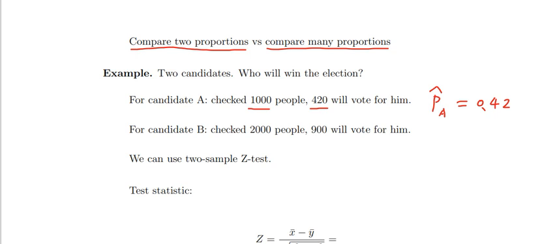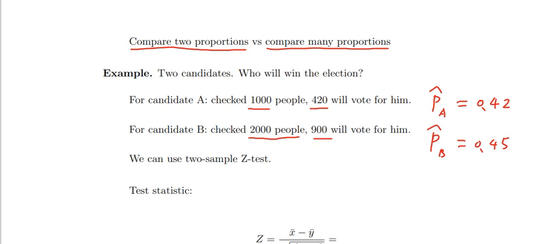And the same for B, we checked 2,000 people and found 900 will vote for him. So the percentage for candidate B is 45%. So from our survey we found 45% of people will vote for him.